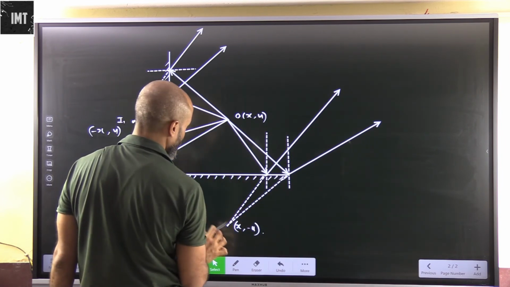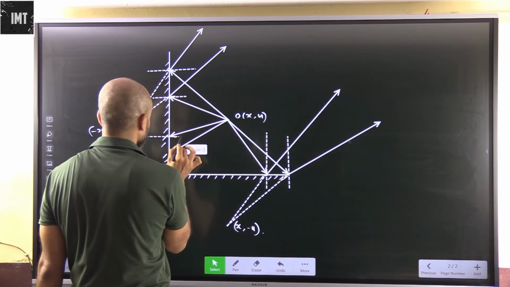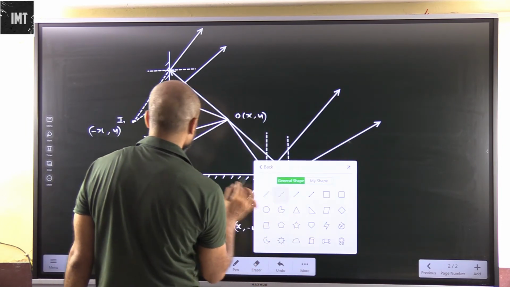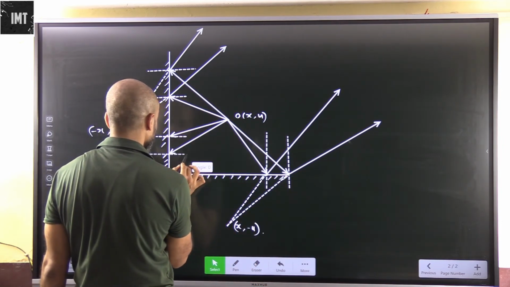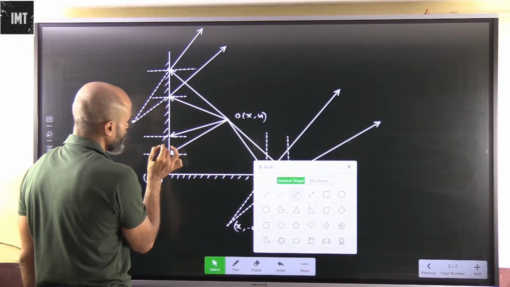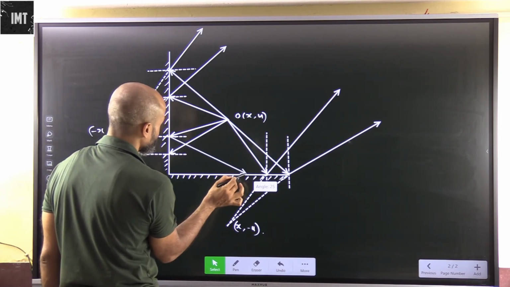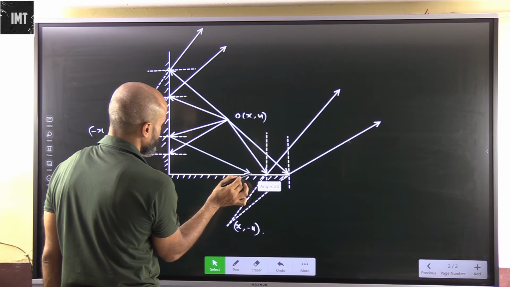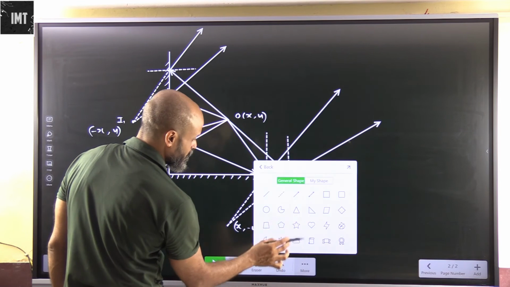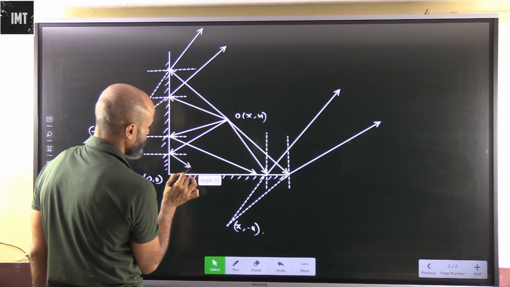So if I draw normals here, let's say this is the normal here, and this is the normal here, after reflection they will fall somewhere here, and this is going to fall somewhere here.